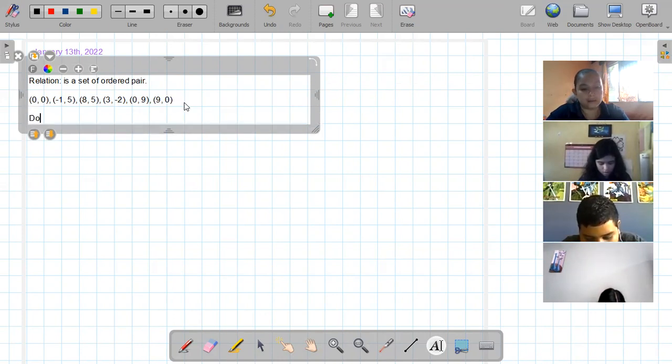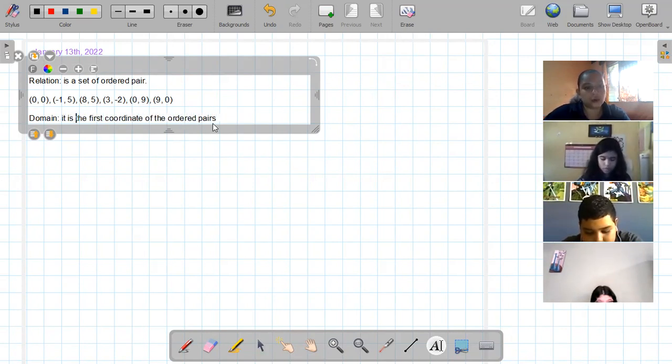Now, domain. What is the domain? According to the book, it says the first coordinate of the ordered pairs is the domain. I'm going to place it here. It is the first coordinate of the ordered pairs.